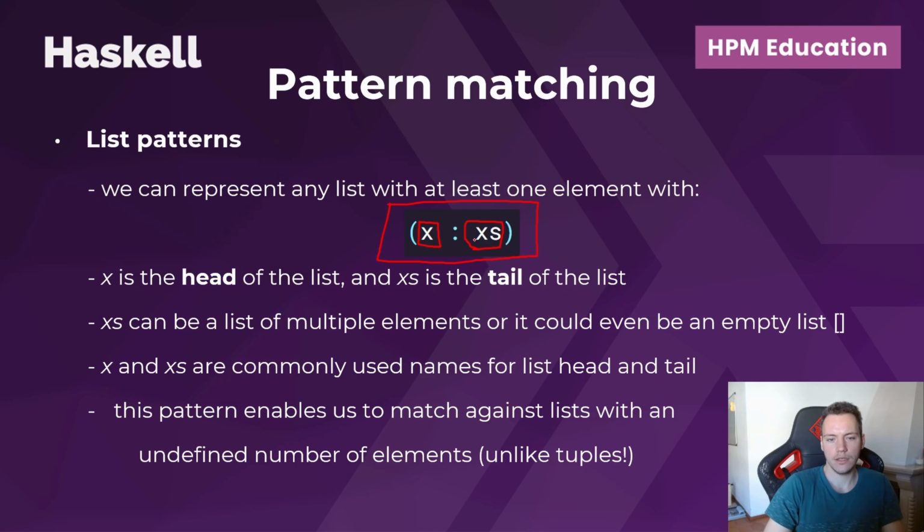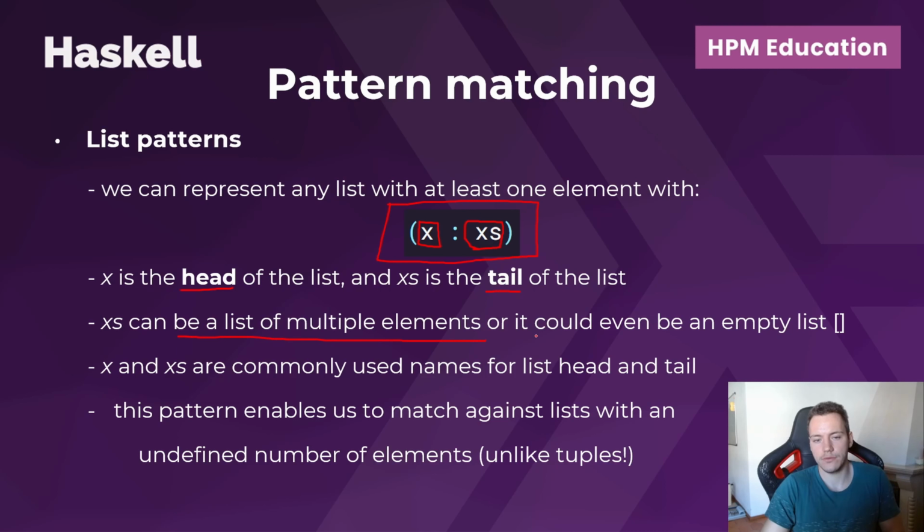So x is the first element of this list, and xs is everything else. In other words, x is the head and xs is the tail. So we saw the functions head and tail that return these things respectively. So head returns the first element of the list, and tail returns all the other elements except the first one from the list. This xs in this case can therefore be a list of multiple elements.